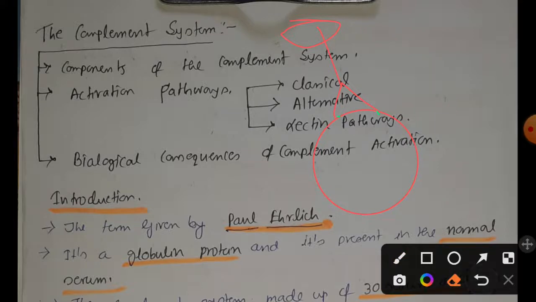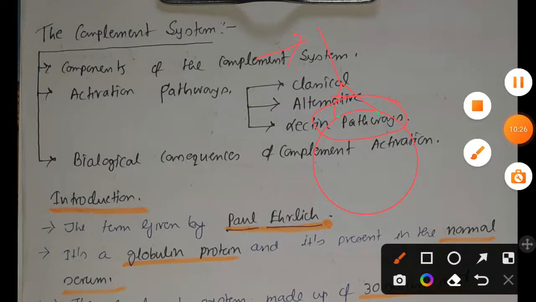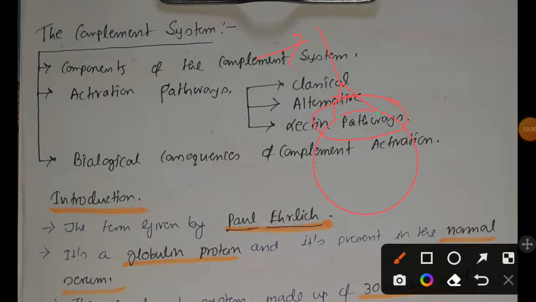The idea is, when the antibody binds with the antigen via its FAB portion, there will be a conformational change in the FC portion of the antibody, and that ultimately facilitates the activation of the complement proteins.